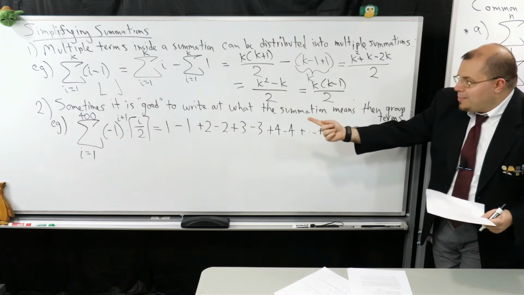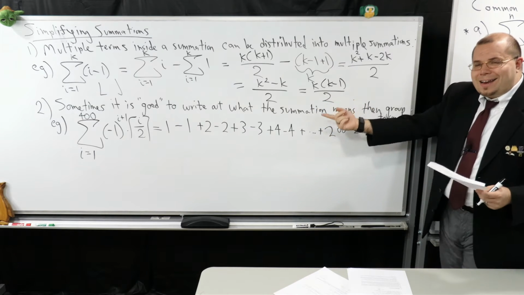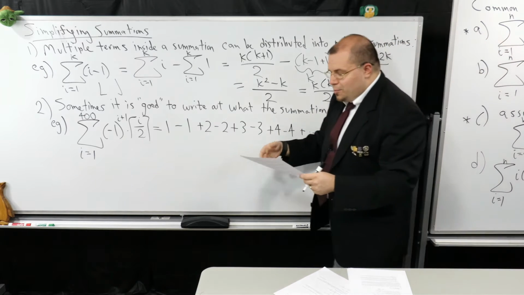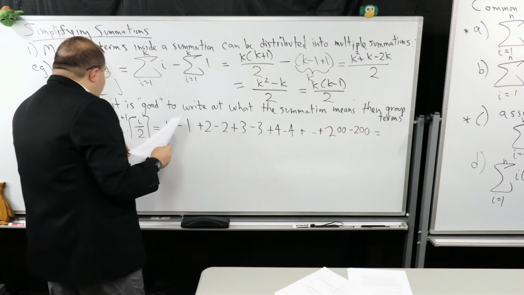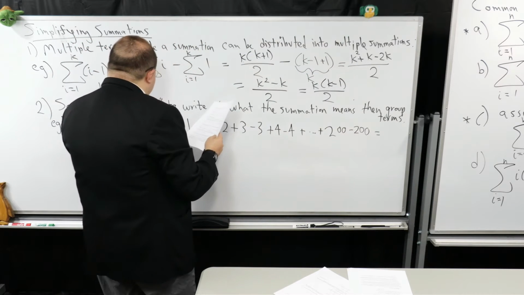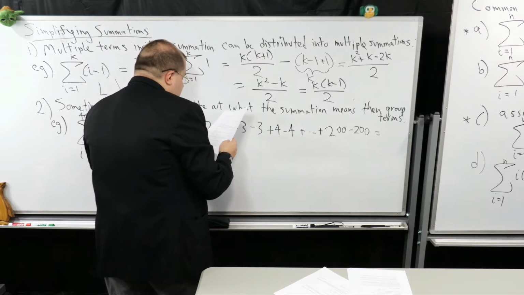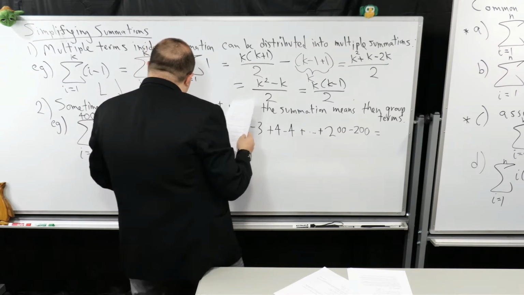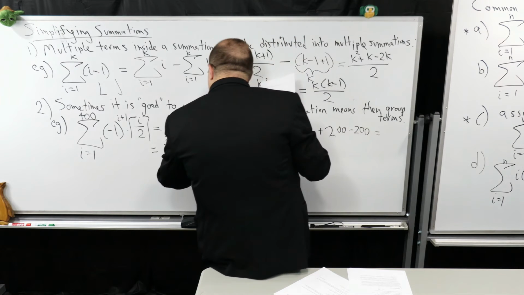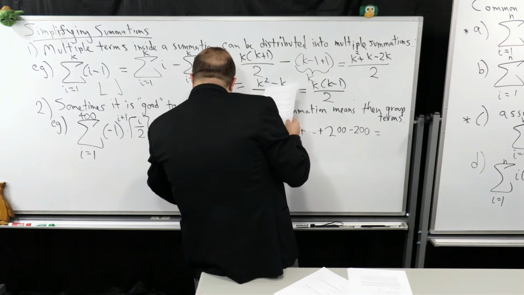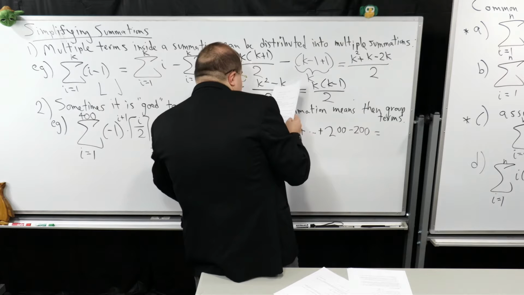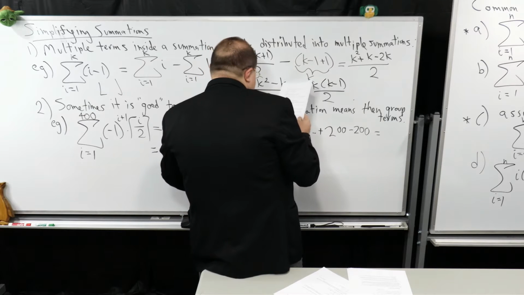Notice that I'm adding a term, then I take it away. I add it and I take it away. And I add it and take it away. So if I rewrite out this sum, you'll notice that I'm going to have a bunch of positive terms. So these are all my positive terms. Then these are all my negative terms.